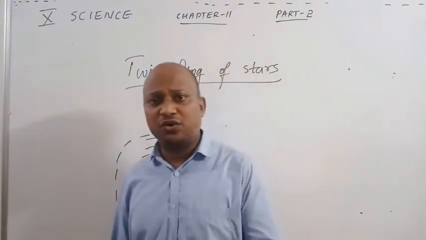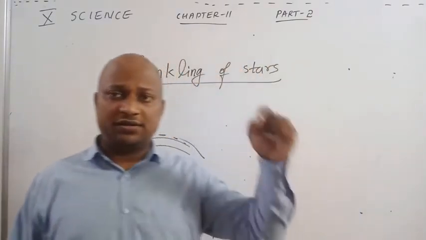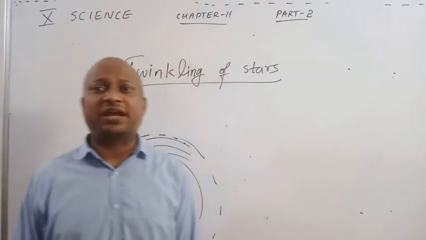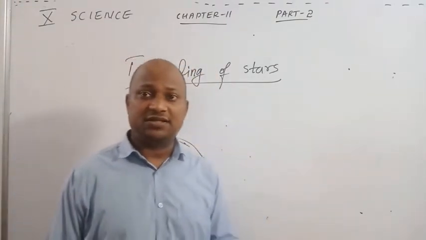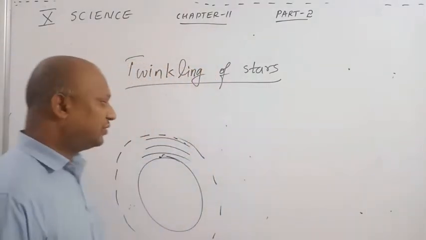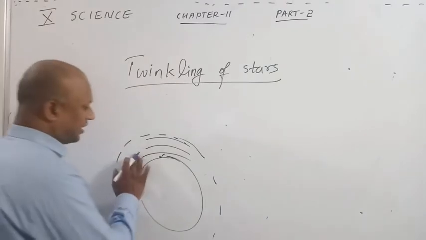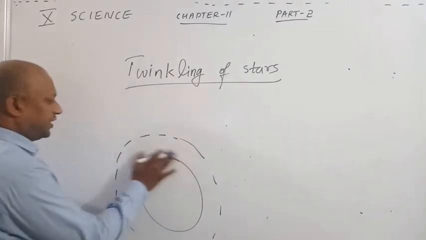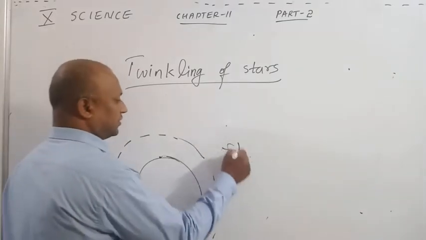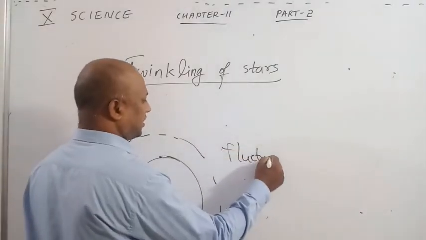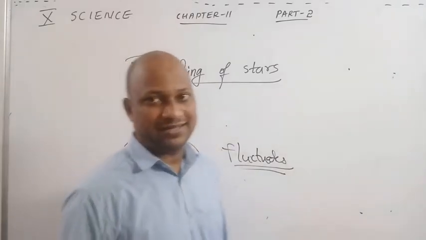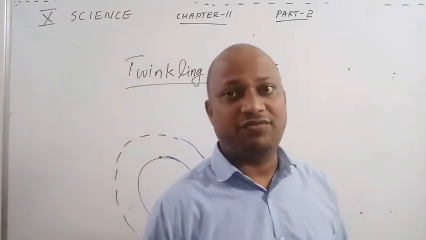So the variation of refractive index is not stable, and sometimes somewhere it is greater, sometimes it is less. So due to the condition of the atmosphere, the way varies, fluctuates. So the density of the atmosphere is not exactly the same always. It fluctuates.